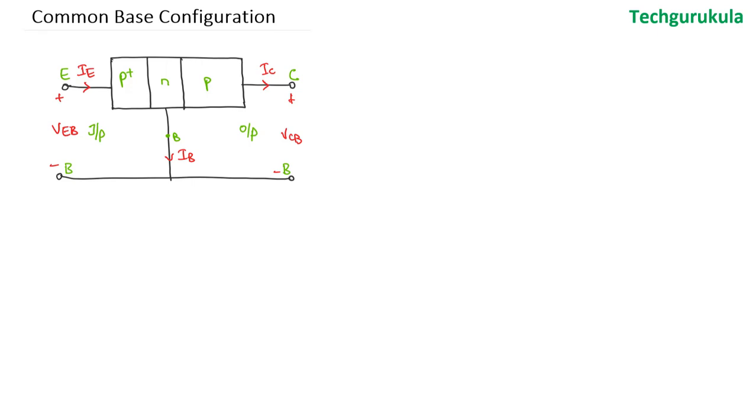In previous videos, we have seen BJT in active region of operation. Hence, we would start even common base from active region of operation. As we know, in active region of operation, the emitter junction should be forward biased and the collector junction should be reverse biased. We have emitter junction here between emitter and base and collector junction here between collector and base.